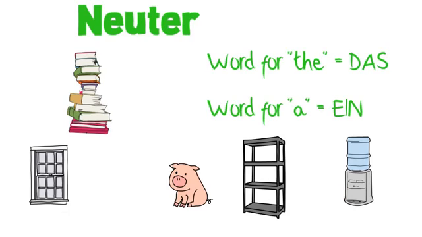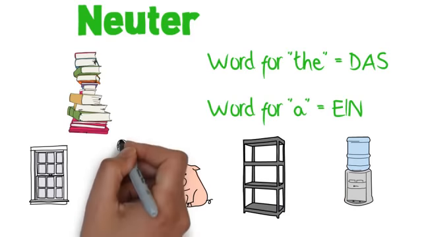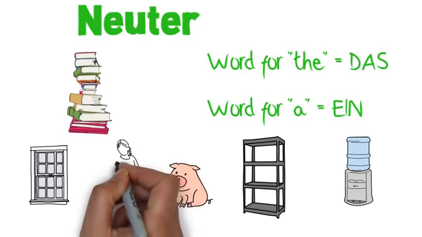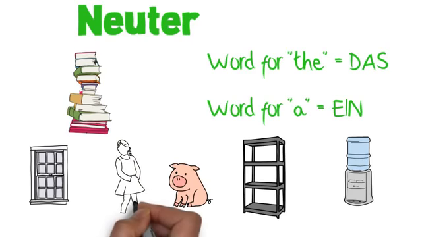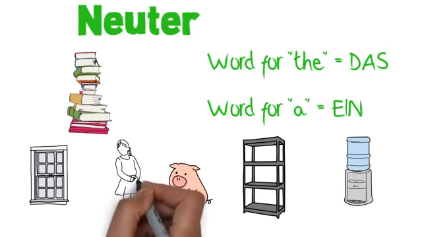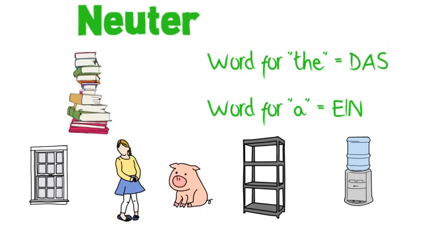Mädchen is a word that often confuses English speakers. A typical English speaker would assume that the word girl must automatically be feminine. But it's actually a neuter noun in German. So Mädchen is a pretty good example for a big hint that may help you as you begin to learn the genders of nouns in German.